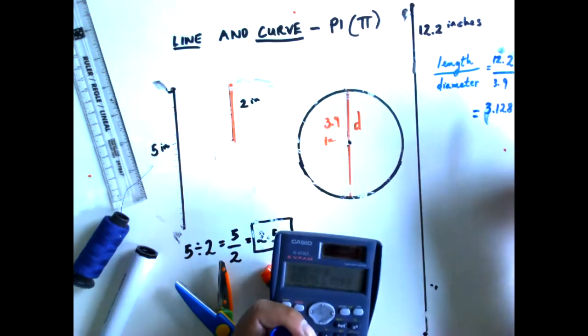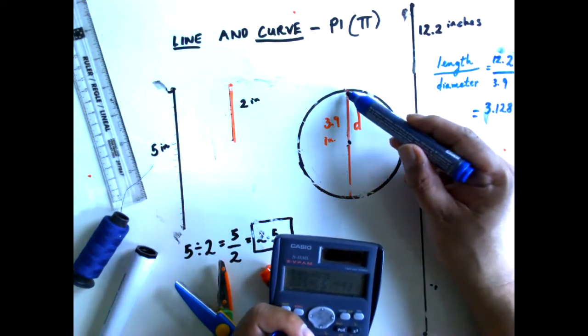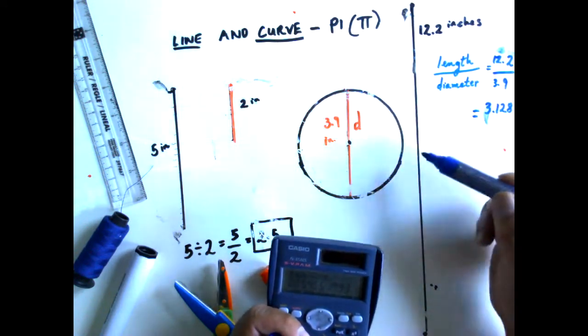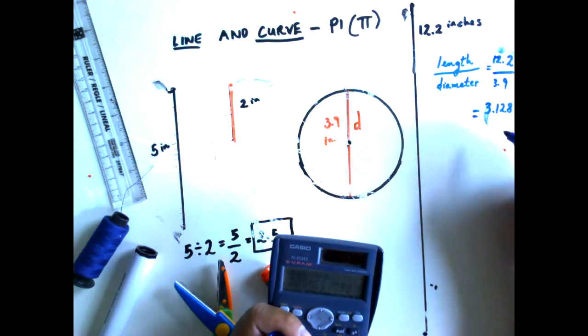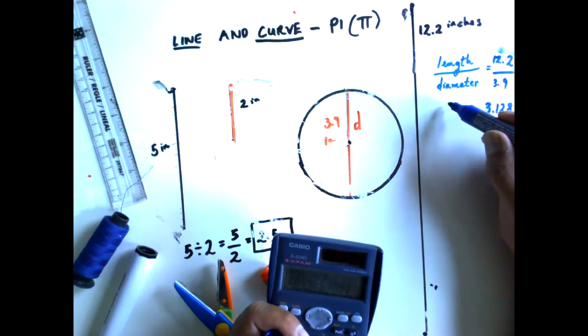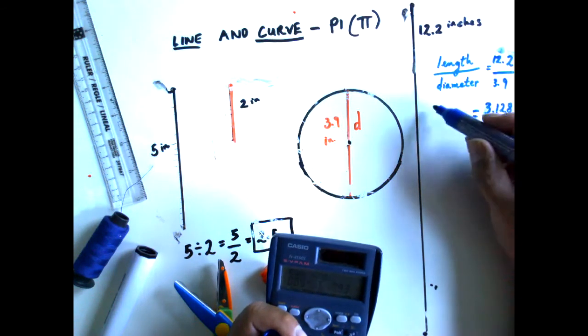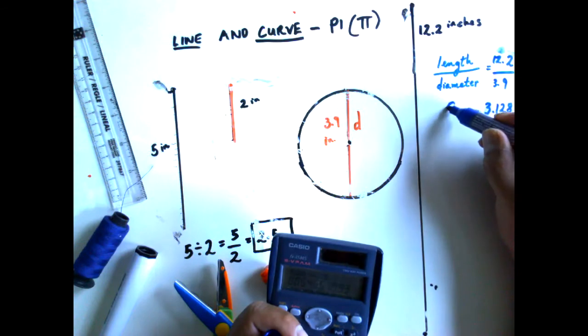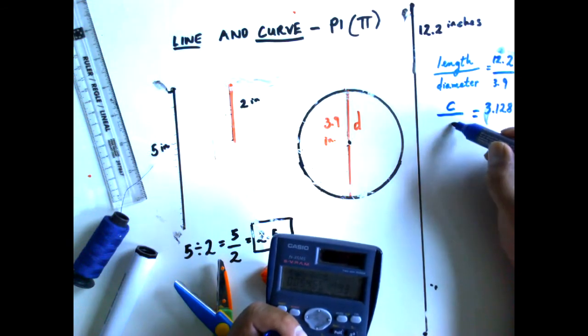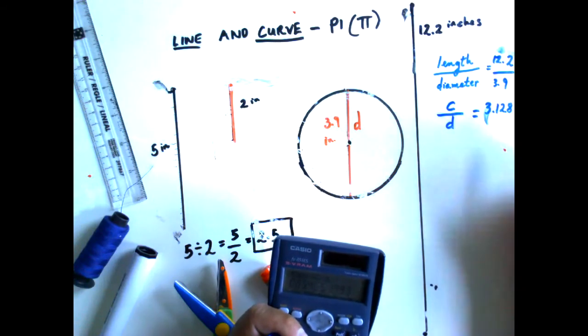Now, there's a special terminology for the length of the circle, and that terminology is called circumference, which is basically called C. That C means circumference over diameter.